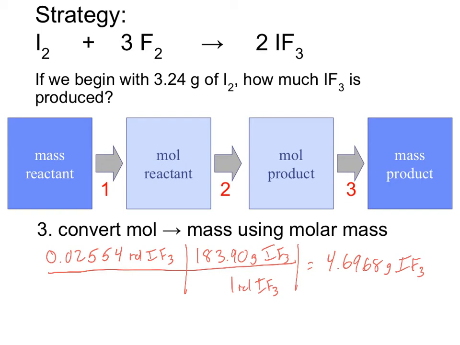Now is when we want to convert for our significant figures. We began with 3.24 grams of I2 for 3 significant digits, and so our final answer, reported to 3 significant digits, is 4.70 grams of IF3.